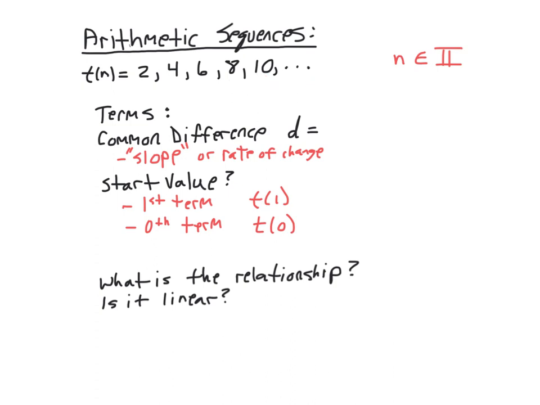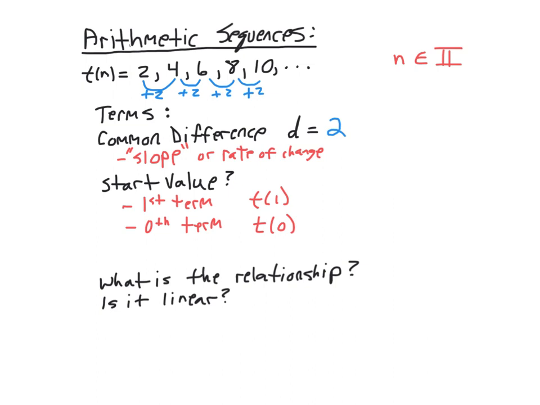That means I must have a rate of change, or common difference, of 2, because between each subsequent term I'm adding 2 each time. We've done something similar with tables of linear data back in first semester, where we were trying to find the change going from one table entry to the next. It's the same concept here.